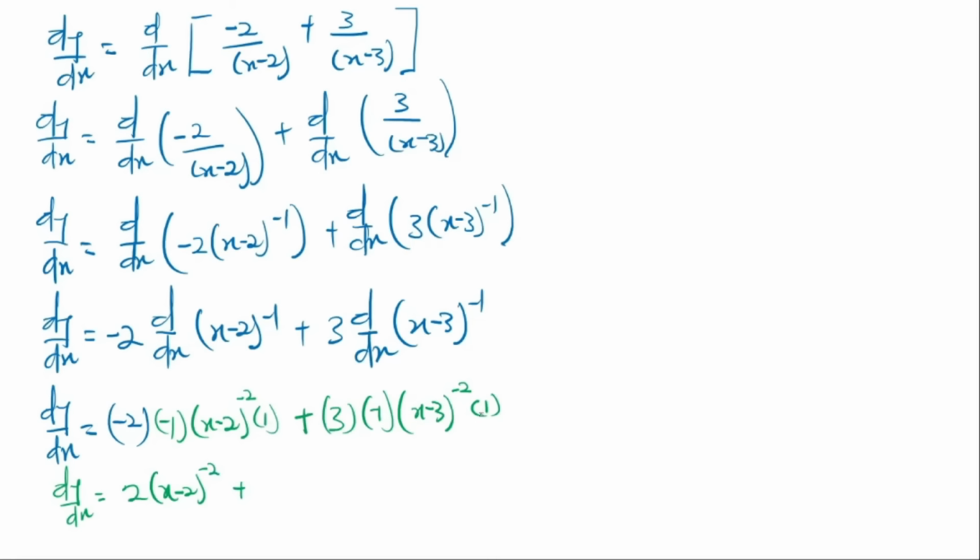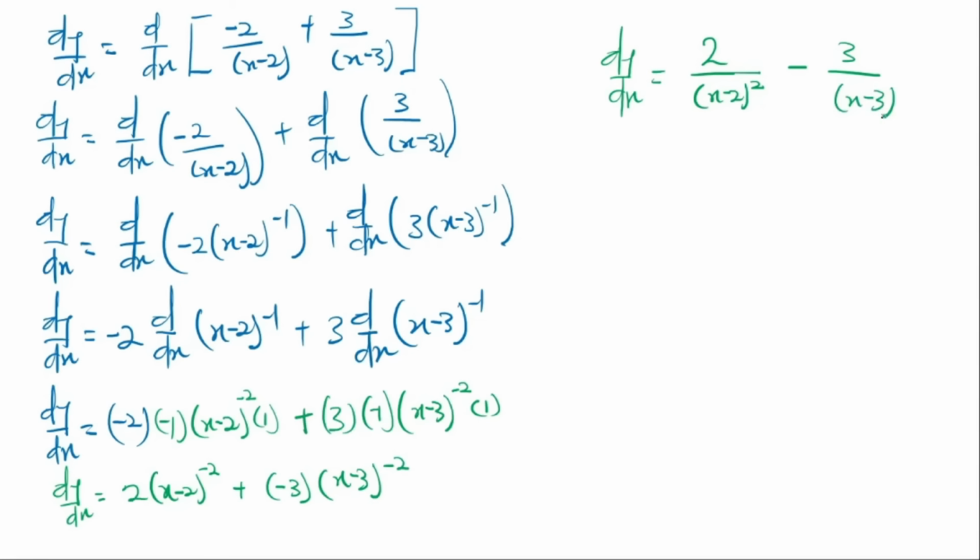Then plus we have +3 multiplied by -1, that will give us what? -3 multiplied by +1 is still -3, so we have -3, then x minus 3 raised to the power -2. So from here our dy/dx is equal to 2 on (x minus 2) all squared, then minus 3 over (x minus 3) squared.